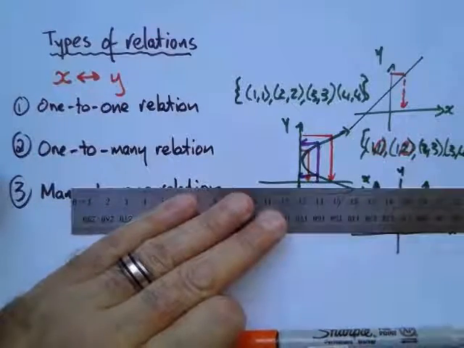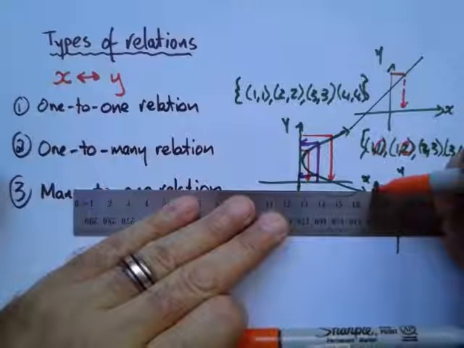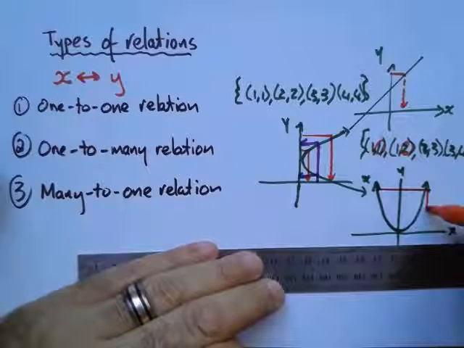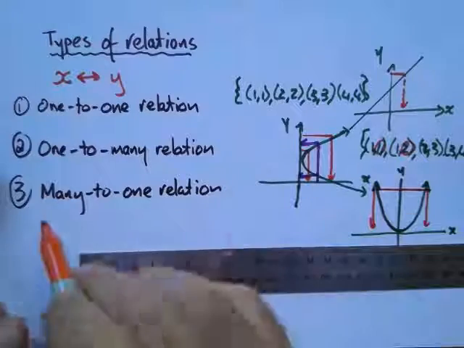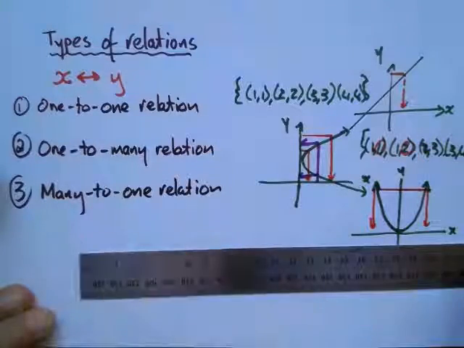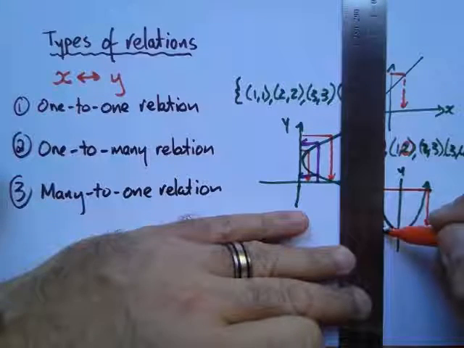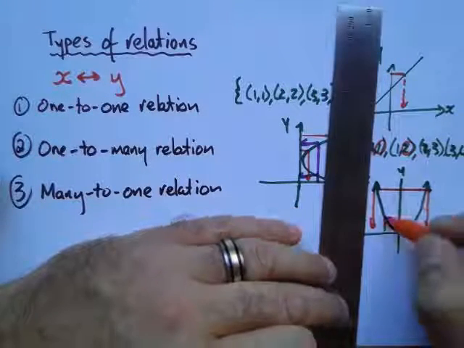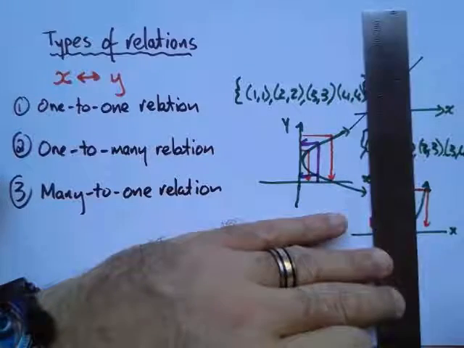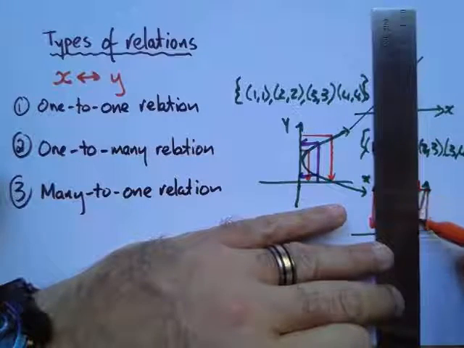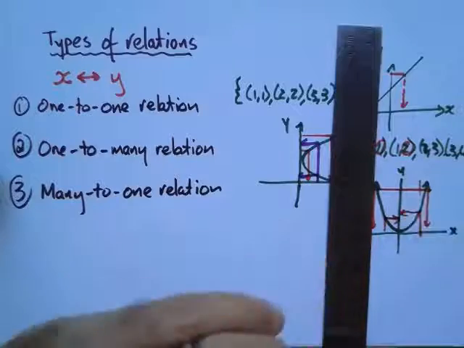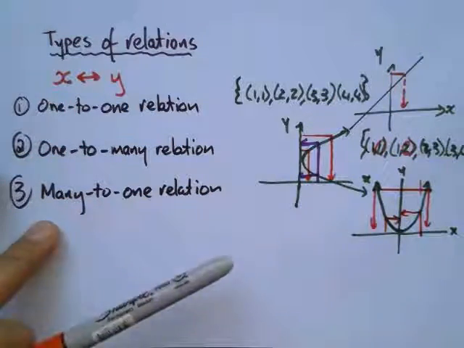For one y value, I have many x values, which means I have many x's. But for any x value, and I go along with the x value, it only intercepts once, which means there's only one y value. So for any x value, doesn't matter where I am, there's only one y value, and that's why it's many-to-one.